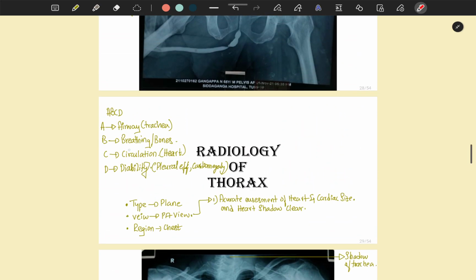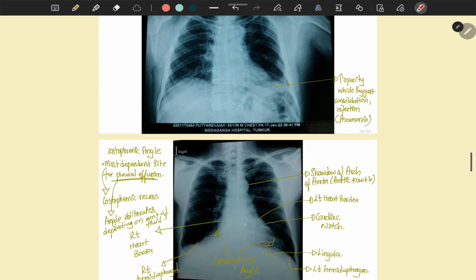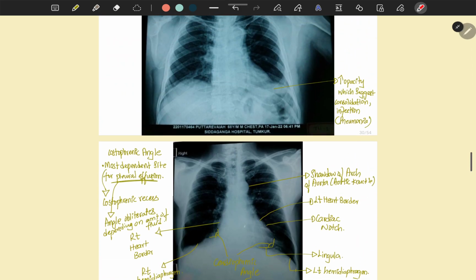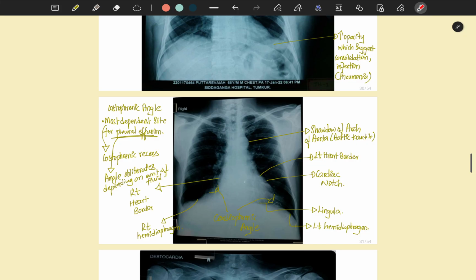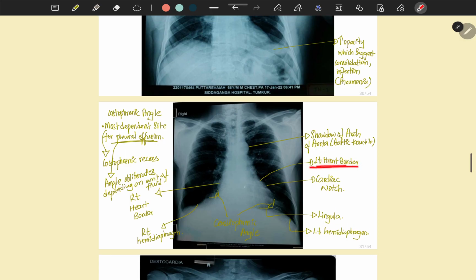Next, coming to the circulation. In circulation, you can see the heart. Here you can see the right border of the heart. This is the left border of the heart, and here you can appreciate the cardiac notch, and downwards, the dark portion is called the lingula, which says that this is the left lung and this is the right lung.